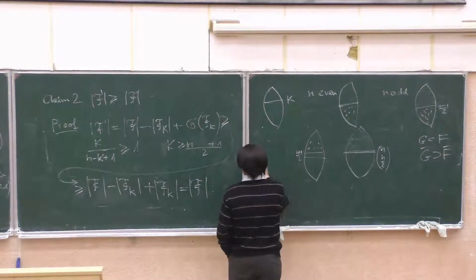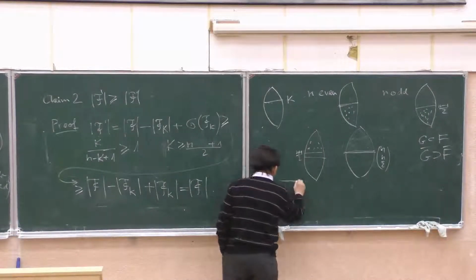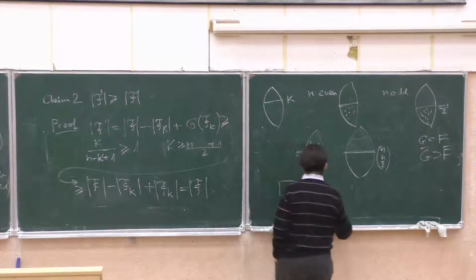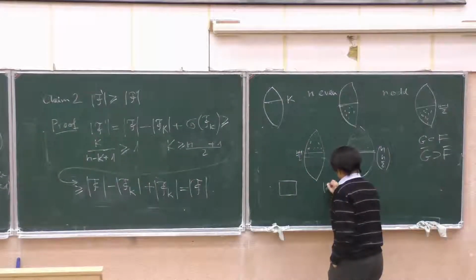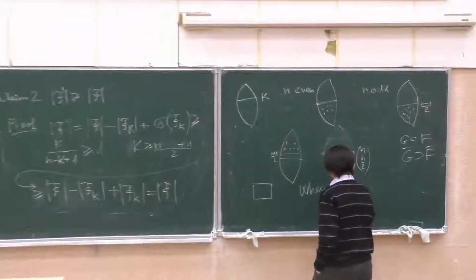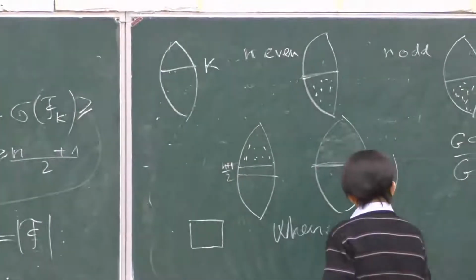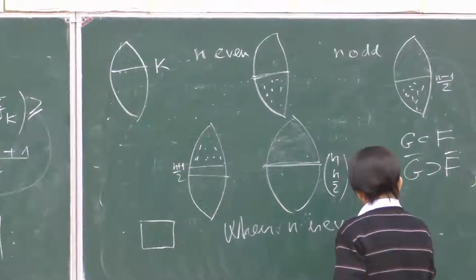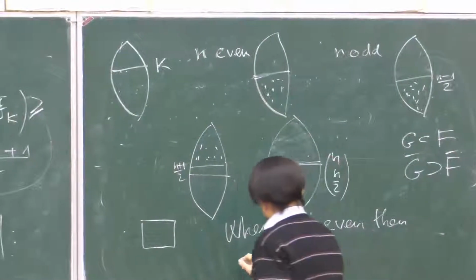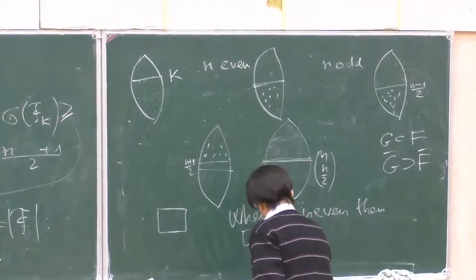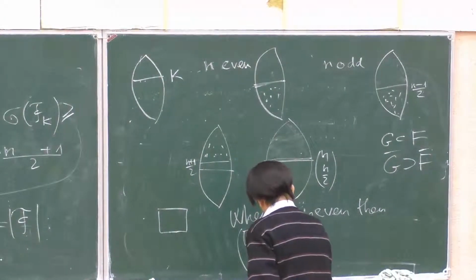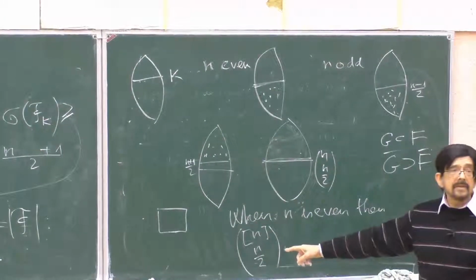So we proved, but additionally we obtained that when n is even, then, is this clear, this notation?